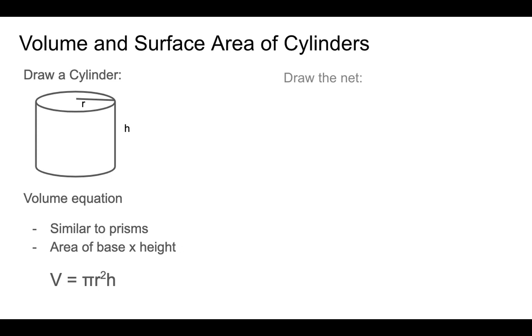Surface area, if we draw the net of this, so we unroll it, you can see that we have circles on the top, on the bottom, and then if we unwrap the center part, it becomes a rectangle. You can think of that as taking a label off of a soup can or something. You'll notice that it's actually a rectangular shape. So to find the surface area of this object, we need to find the surface area of the two circles.